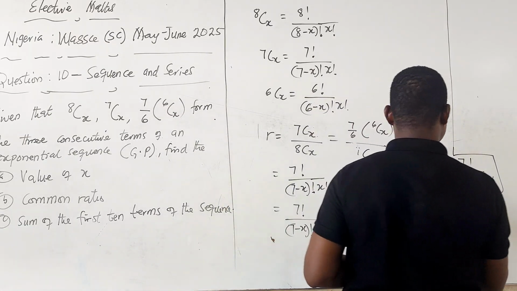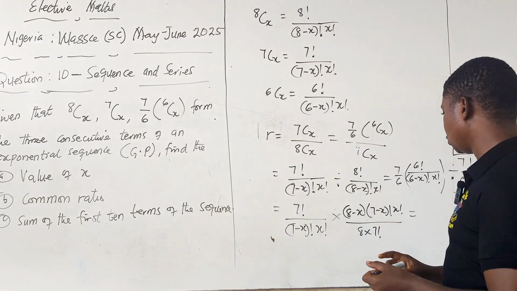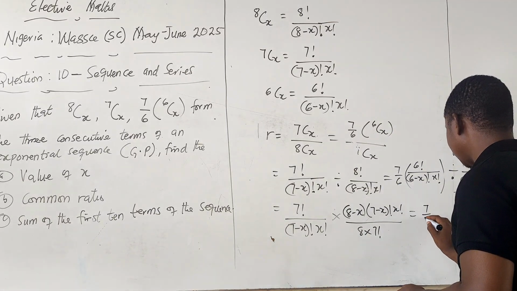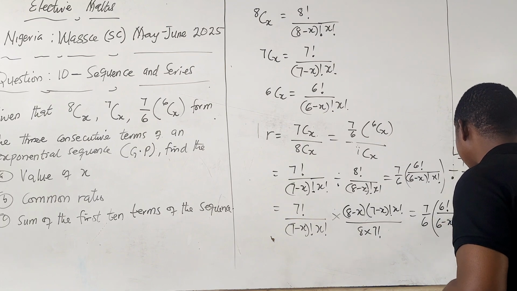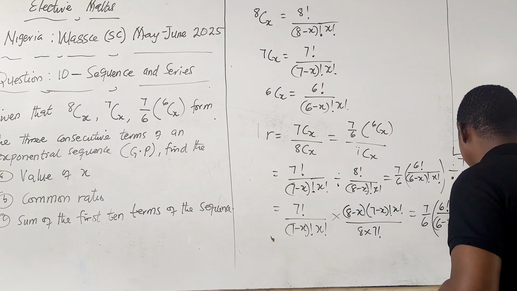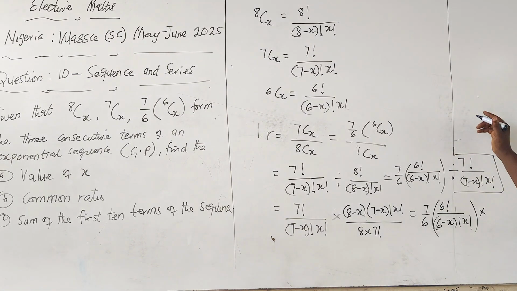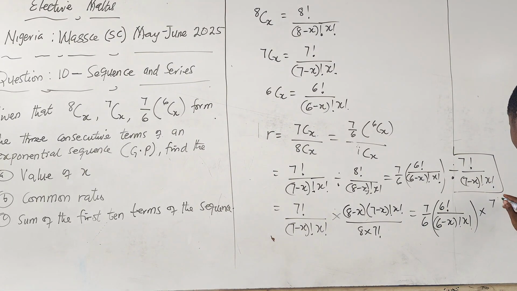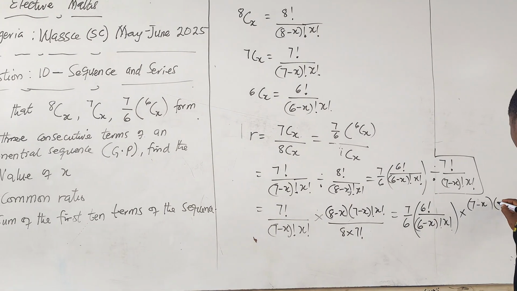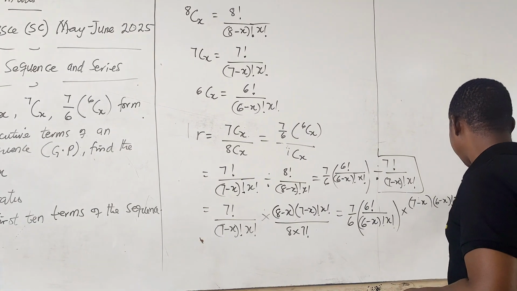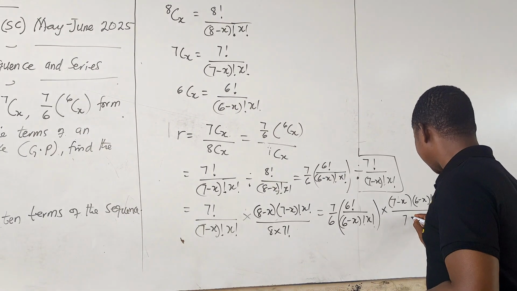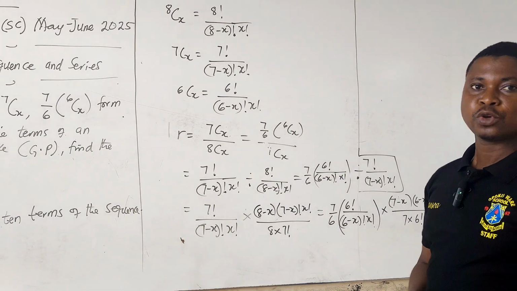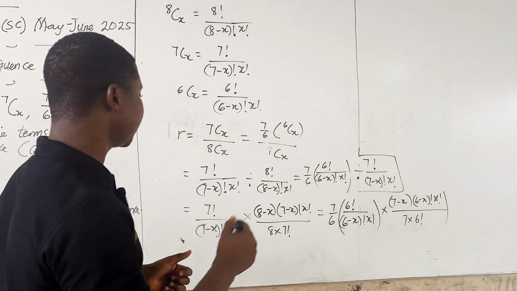Then we look at the second part. You have 7 over 6, 6 factorial over 6 minus x factorial, x factorial. That one also, bringing this up, you have 7 minus x times 6 minus x factorial, x factorial, all over 7 times 6 factorial. So now I can have some divisions here.